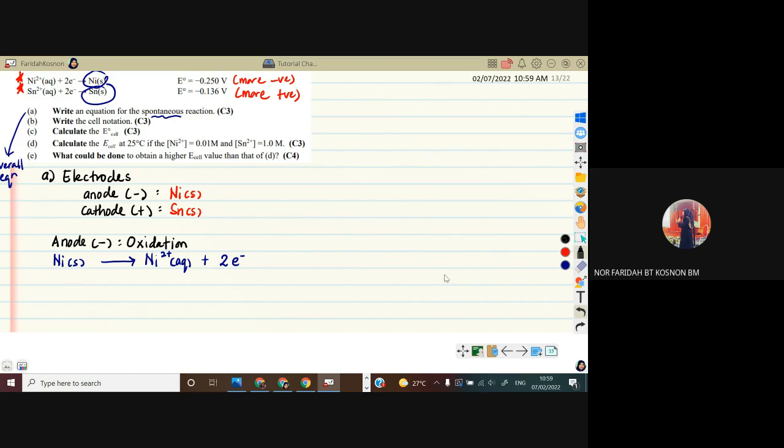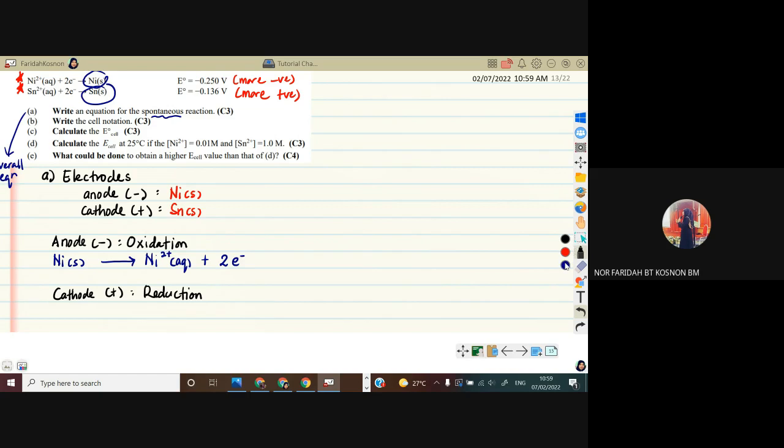Okay, at the cathode, what happened? Reduction reaction will occur. Okay, so which species undergoes reduction? Jadi spesies yang akan mengalami penurunan, kita kena faham definition tu. Reduction, paling mudah kita tengok oxidation number dia akan decrease.